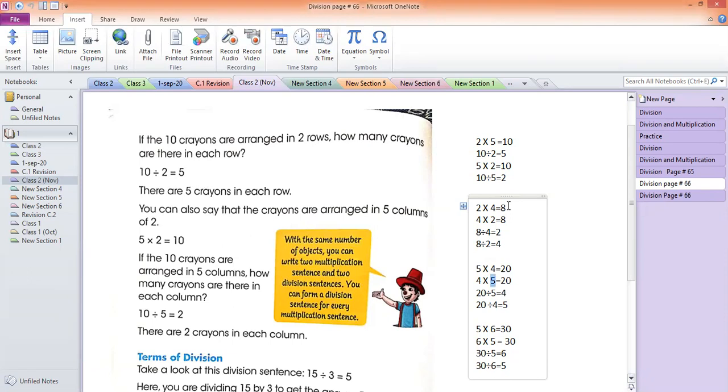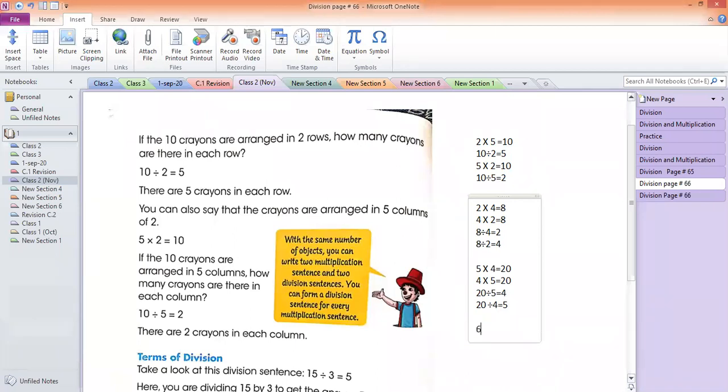If we divide 20 by 5, the answer will be 4. And if we divide 20 by 4, the answer will be 5. Okay, so this was the example. Now we'll do one more example, and then we will go to the next topic, that is terms of division.